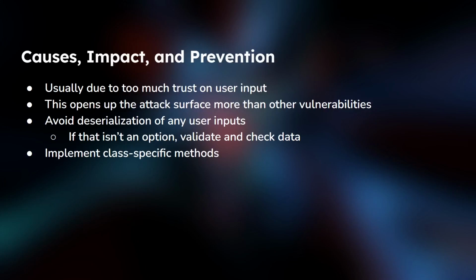If you know that there's only supposed to be certain types of data in there, just validate and check that data that's being passed before you deserialize it and as you get it, so that you can make sure that nothing funny is going on, and then return an error message that reveals no information to the attacker. And then you could also implement class-specific deserialization methods so that they're not able to implement attributes from other classes or create an object from another class.